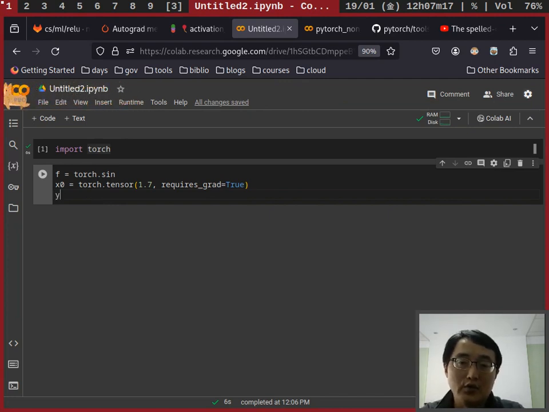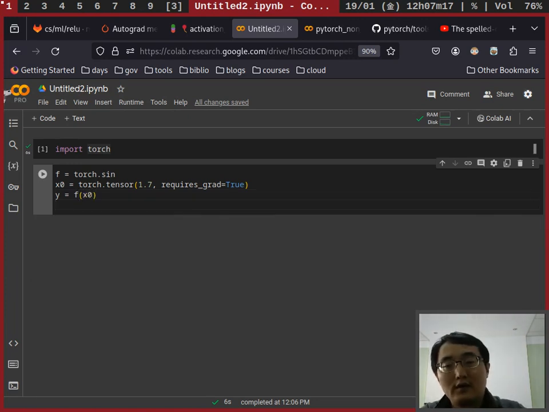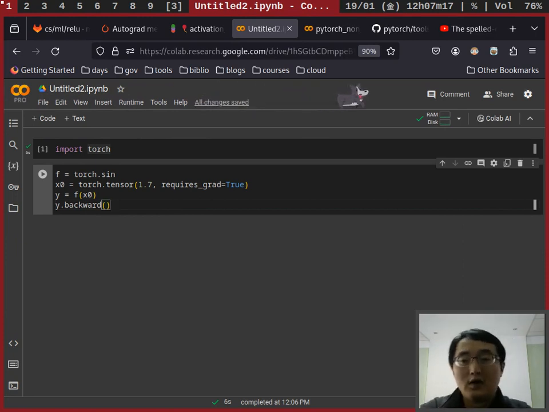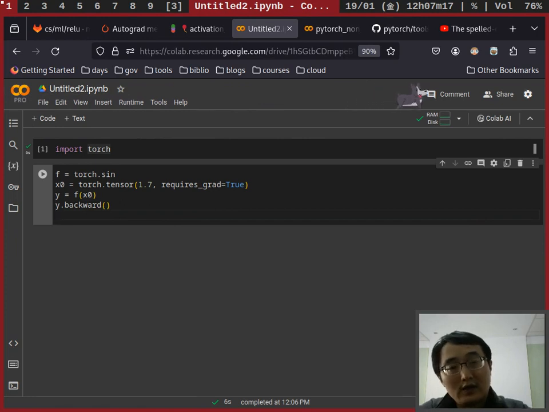Okay, now we compute a scalar value y, which equals f of x0. Next we call the backward method. This step is the differentiation. After this step, we can infer the gradient or the derivative.